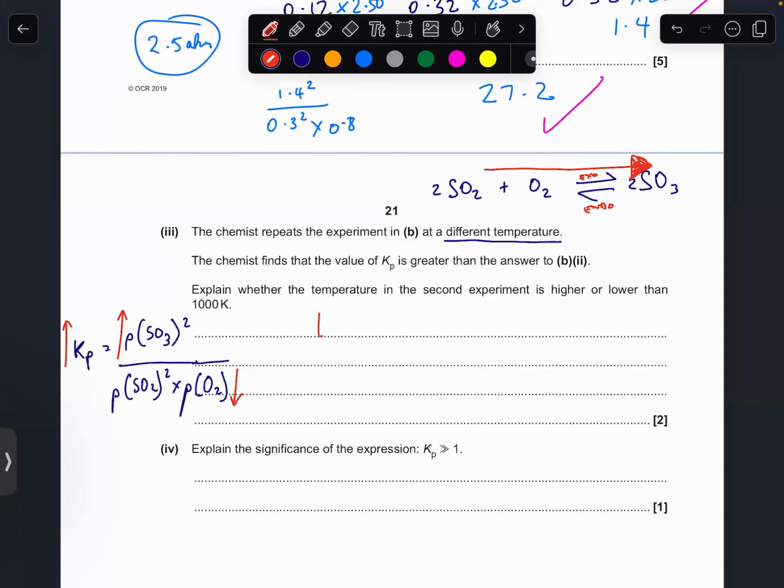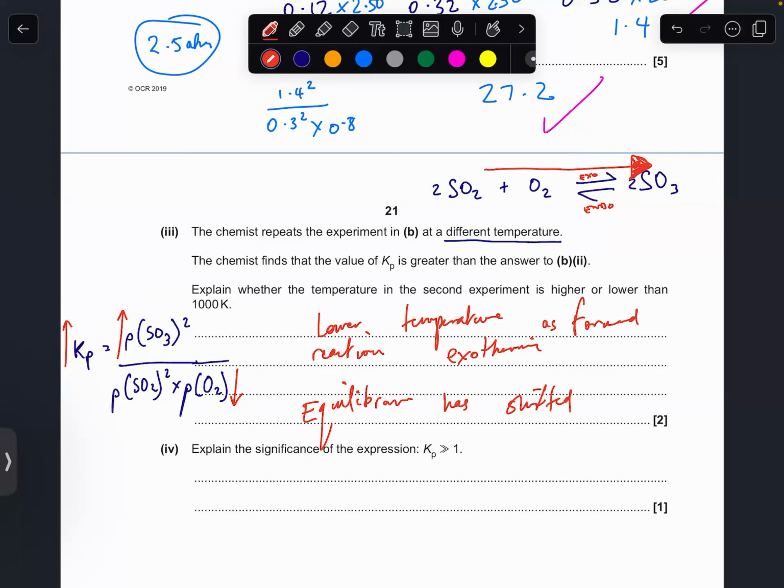So we say lower temperature as forward reaction exothermic. 1 mark. And the second mark is because, based on this bit here, equilibrium has shifted to the right.